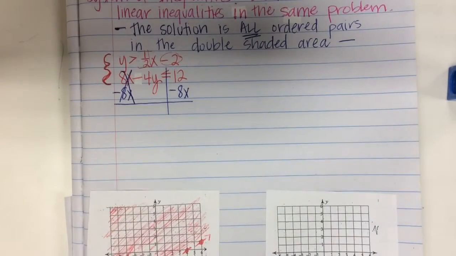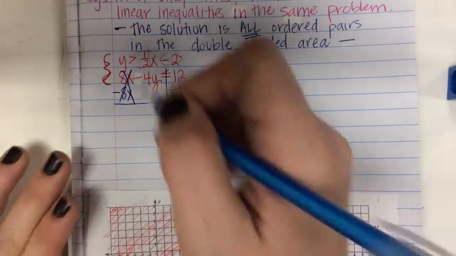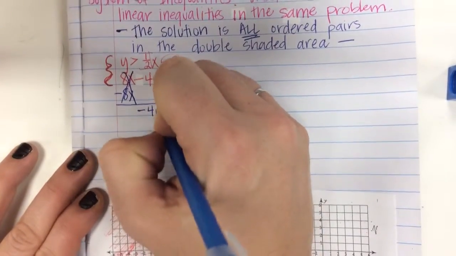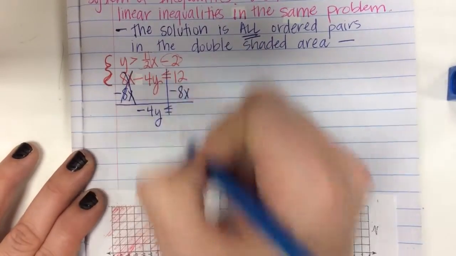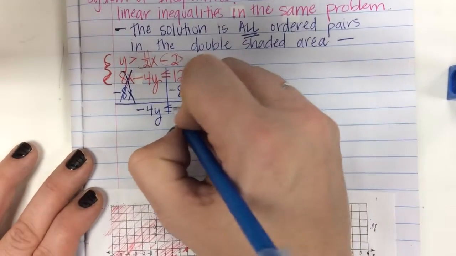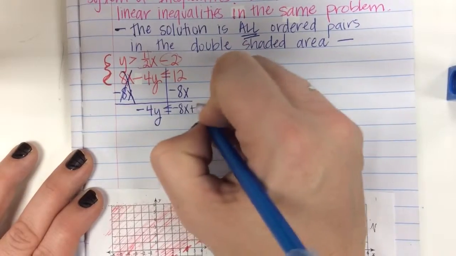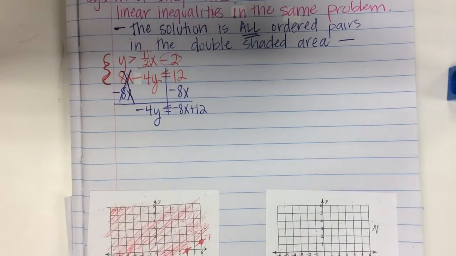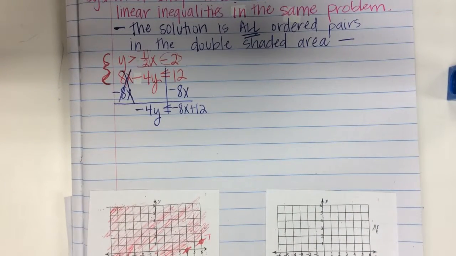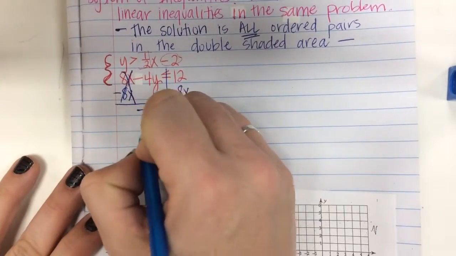What's left over on the left side? -4y is less than or equal to -8x plus 12, right? I have one more step. What do I need to do? Divide by -4.